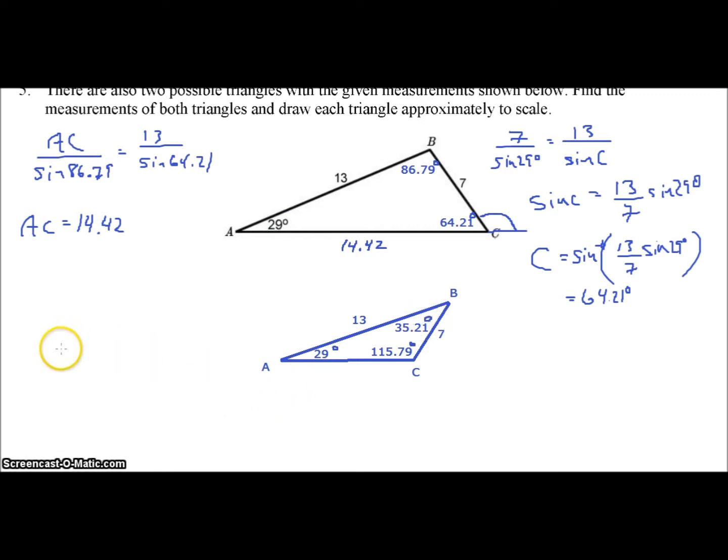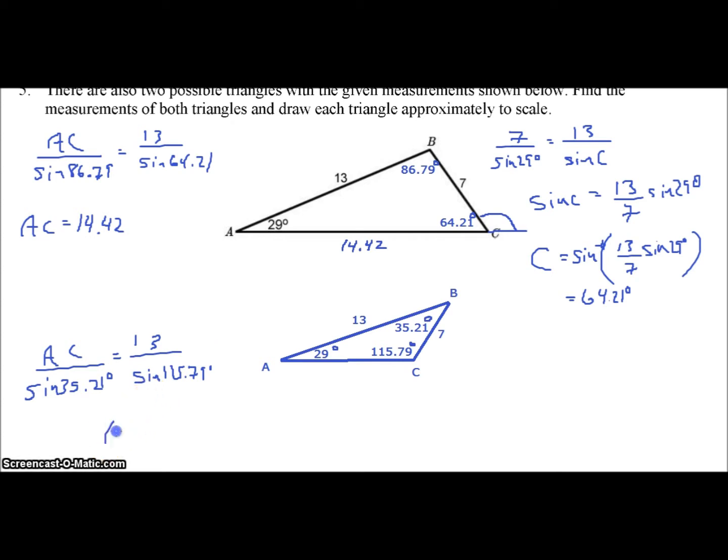Now the only thing missing is AC, so AC over sine of 35.21 degrees equals 13 over sine of 115.79 degrees. Notice we also could have set that equal to 7 over sine of 29.